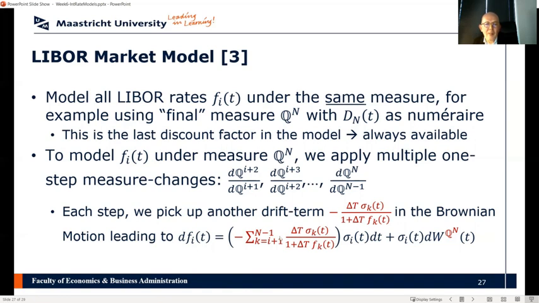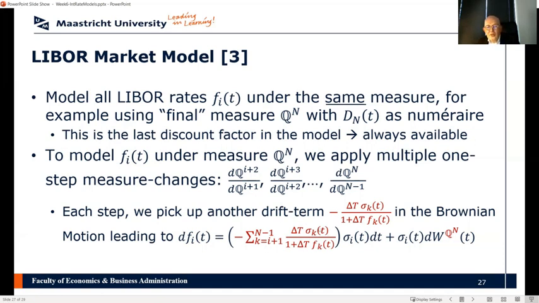And of course, I can now apply this formula for all choices of i, and I've now moved all my LIBOR rates together under the same probability measure. And of course, the price that I pay for that is that since I've moved all these LIBOR rates away from their natural measure, from their own probability measure, they are no longer martingales, but I know very explicitly what the correct drift term specification is.